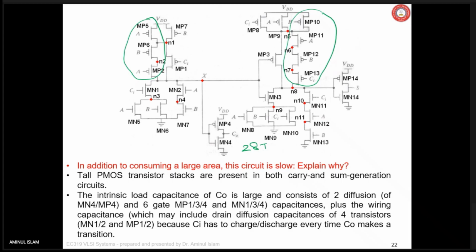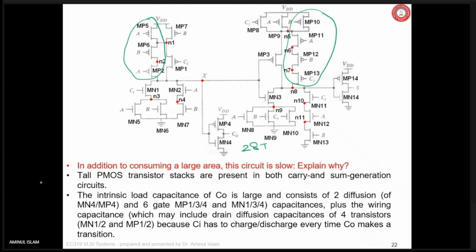Whereas, I have done a lot of research work on this. We have published several papers, and found that some people have proposed it with 10 transistors also. 10, 12, 14, 16, 18, 20, even more, more than 28 also, to show some advantage and some disadvantage.